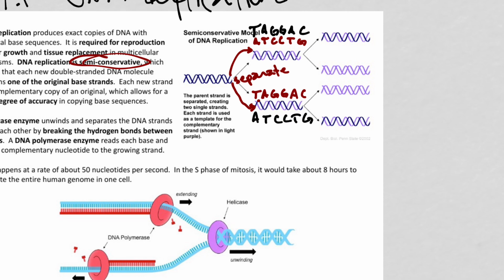Now you can see that these two strands here are exactly the same as these two strands here, and that's the point. The point behind using the complementary base pair rules is so that our new strands that are made are exact copies of the ones that were there before. And so we use one of the originals as a template.